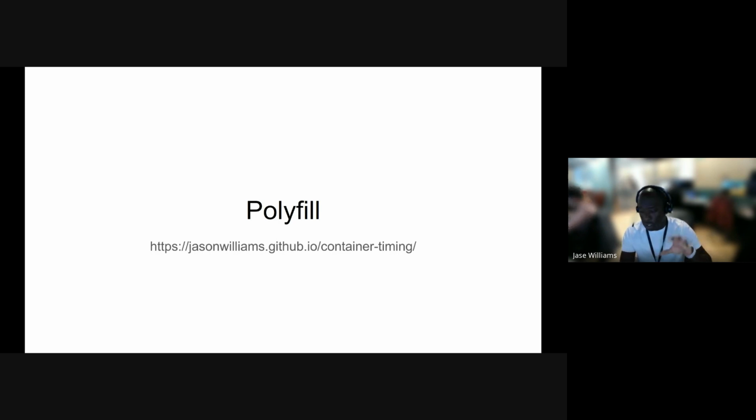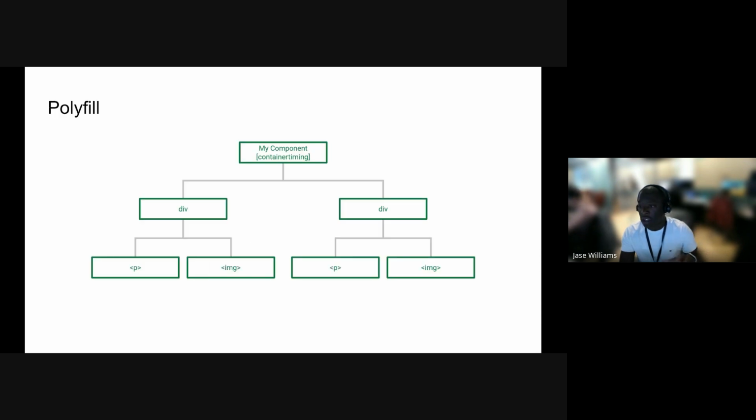Just a real quick mental model of how this works: if you imagine you've got your component, which is made up of various DOM elements, you can attach a container timing attribute to that. When the polyfill kicks in, it will annotate all of the leaf nodes or the contentful nodes, images, paragraphs, etc., with element timing. If there are any transitive divs in the middle, they get ignored.